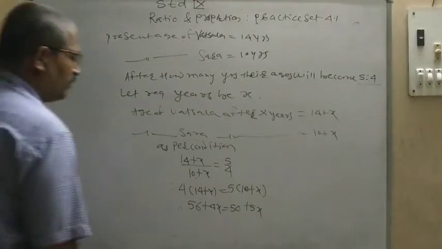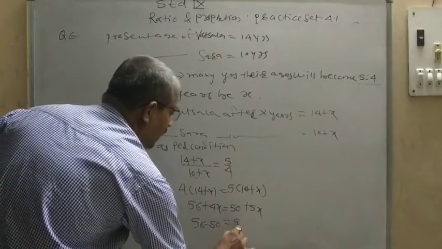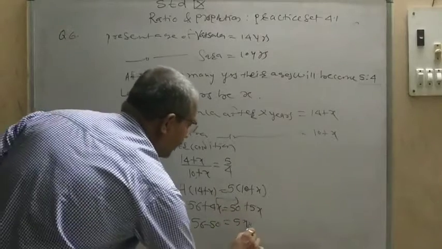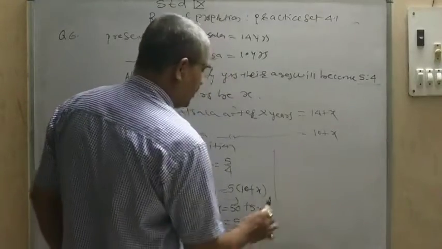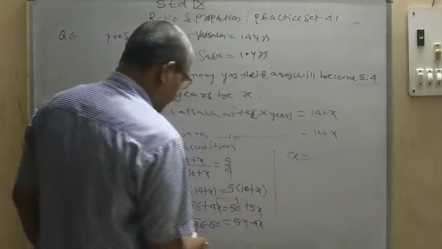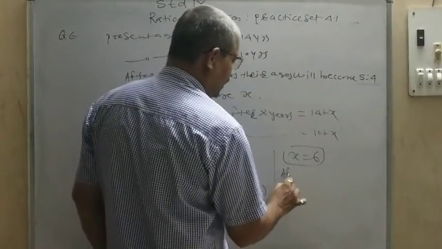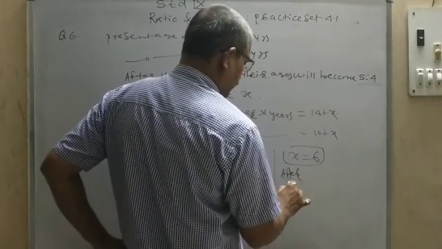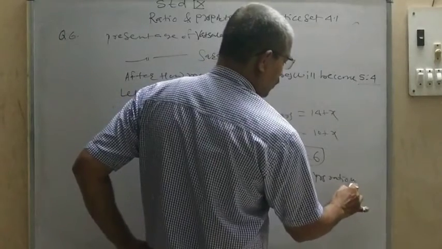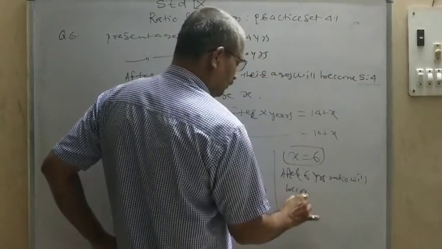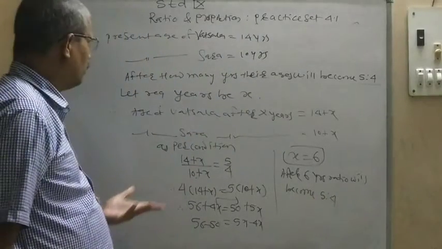Now 50 will come to this side, 56 minus 50, and 4x goes to the right hand side, becoming minus. 5x minus 4x is only x, and 56 minus 50 means 6. So after 6 years, the ratio will become 5/4.